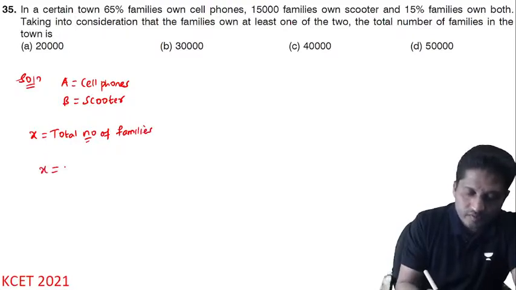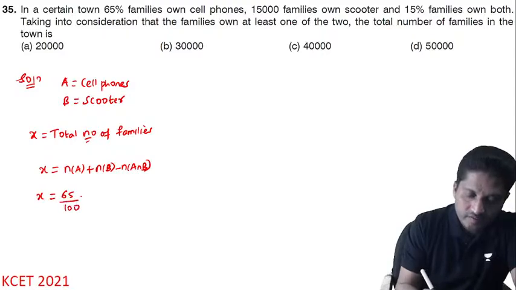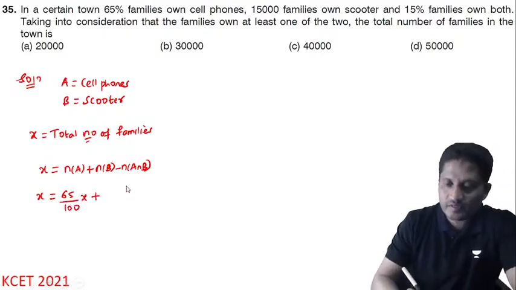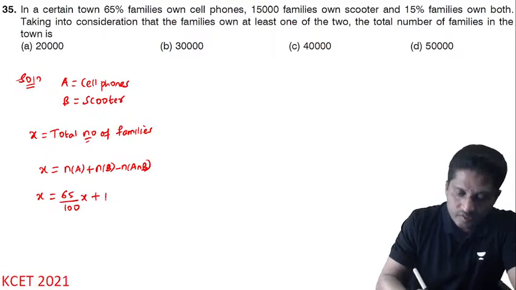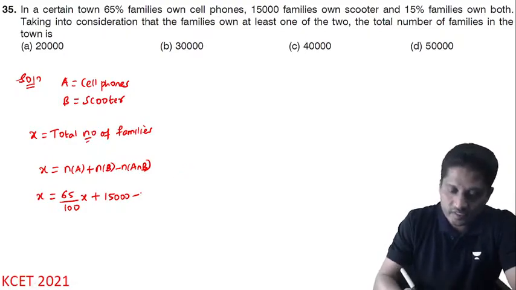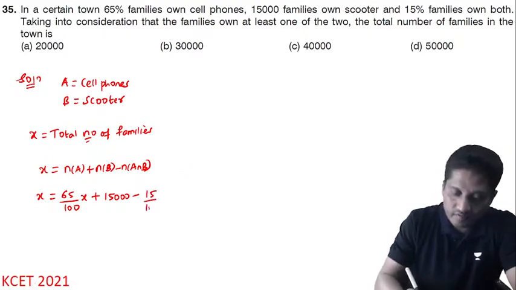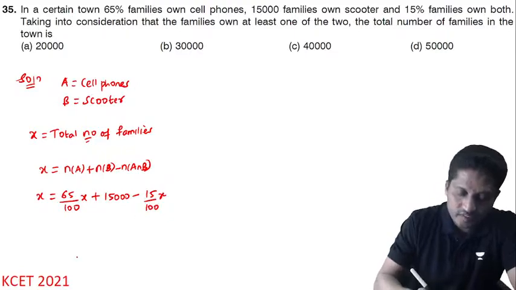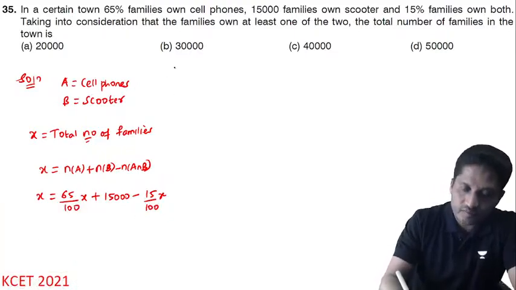X is equal to N of A plus N of B minus N of A intersection B. Now X is equal to N of A, that is 65 by 100 of X, plus N of B, scooter is 15,000, sorry, minus N of A intersection B, 15 by 100 of X. Here if I simplify, I get the value of X. That's what I'm supposed to find out.